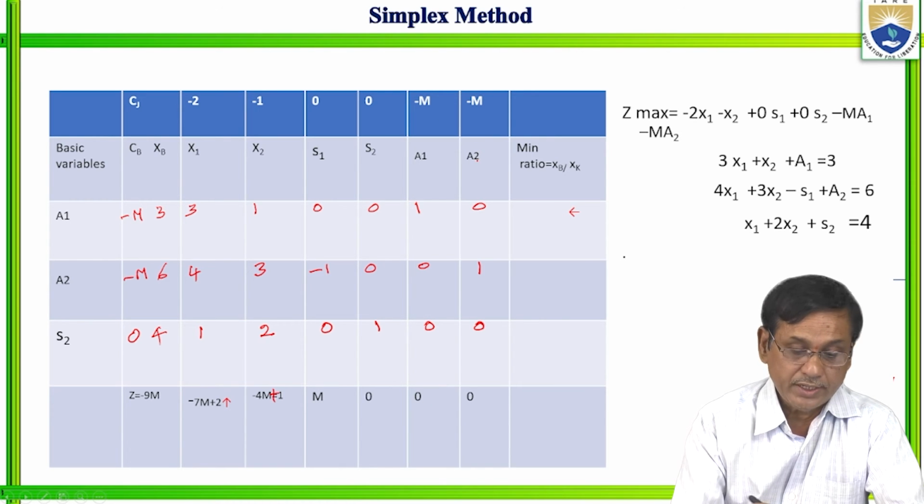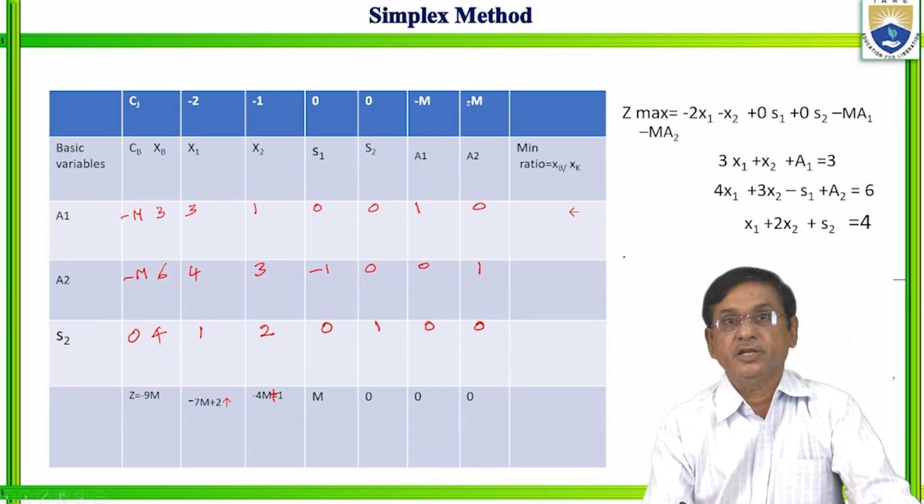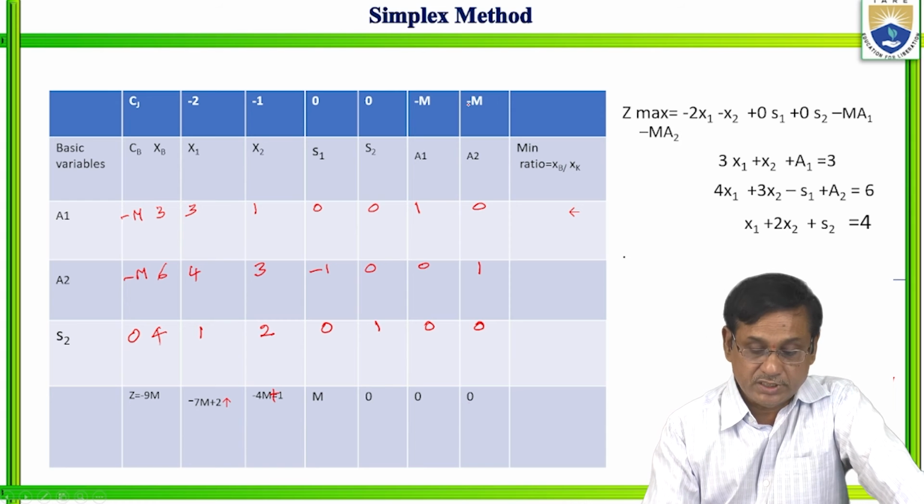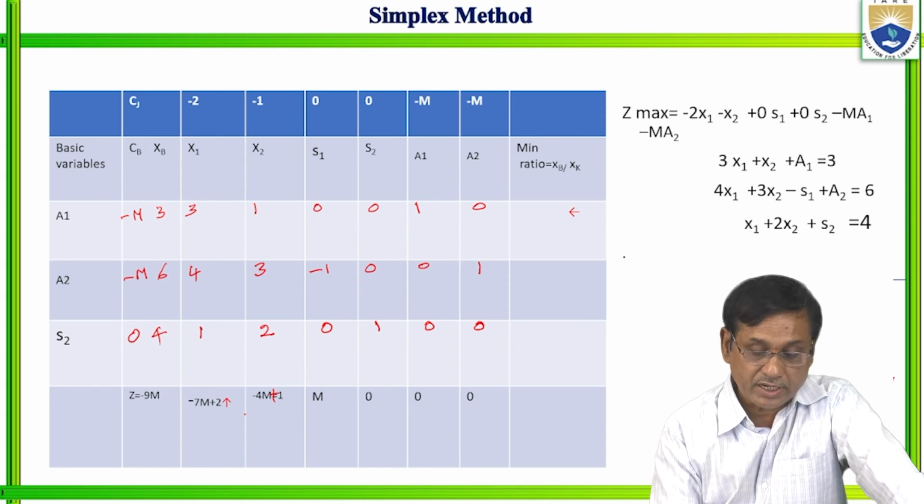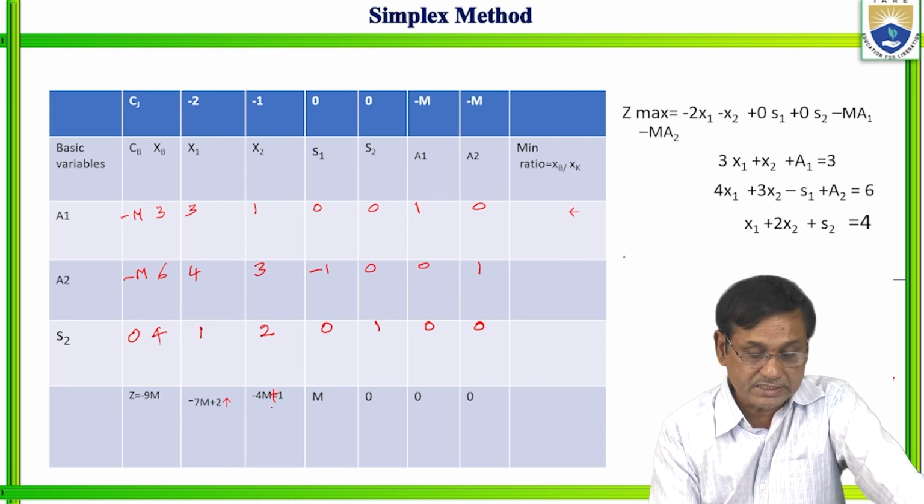Corresponding to the A2, again -M into 0, -M into 1, 0 into 0 is -M, minus of -M is +M, so that it becomes 0. Now we are having the delta values as -7M plus 2, -4M plus 1, M, 0, 0, 0.